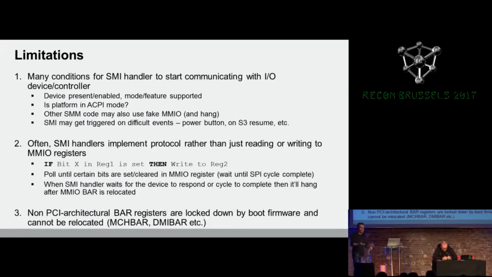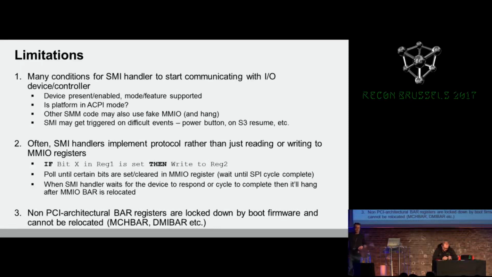But if the protocol is more complex, like for example, the firmware is issuing specific cycles on a specific bus, then it's typically writing to some registers, then reading back other registers, polling on the values in those registers, then writing something else. In that case, you may not really be able to control that because you only have one chance.